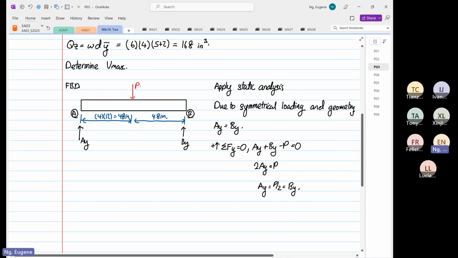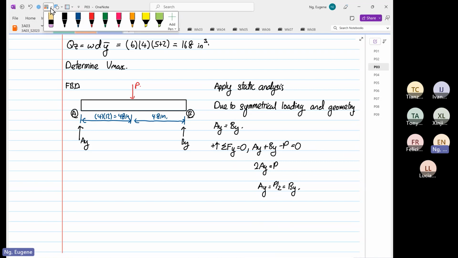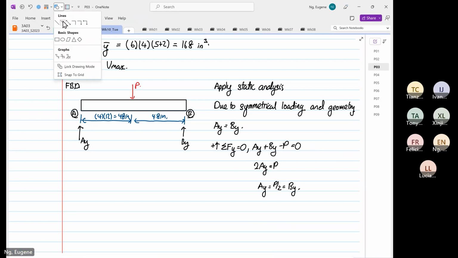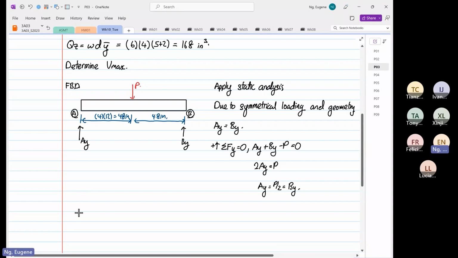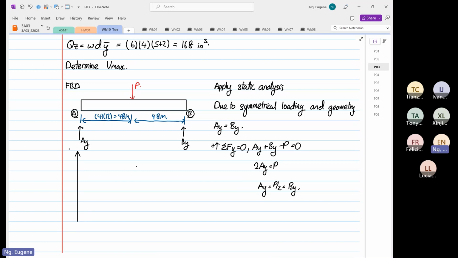Okay, so when we draw our shear force diagram, it'll be so straightforward. We know that this is our vertical axis, this is our V, and then we have our horizontal axis.